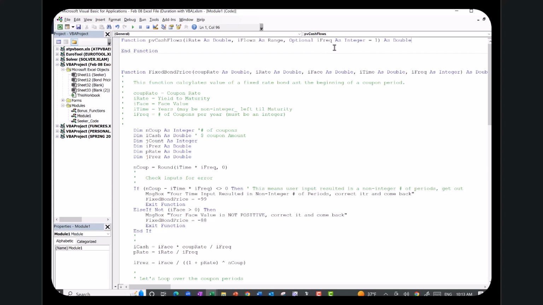The beauty of this, if you're doing annual, you can completely leave that out, and the code is going to assume that it's 1. When you call the function, all you have to do is give the interest rate and the range that has the cash flow, and VBA assumes that your ifrec equals 1. Sometimes it's a little bit cleaner.